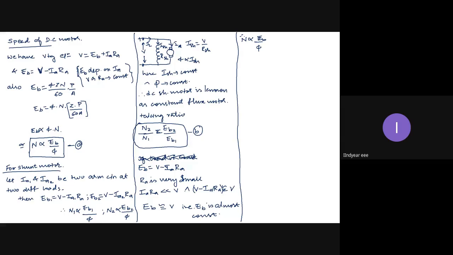Now, EB is also remaining constant. Phi is already a constant for DC shunt motor, which is proportional to constant by a constant. Then what should be speed?